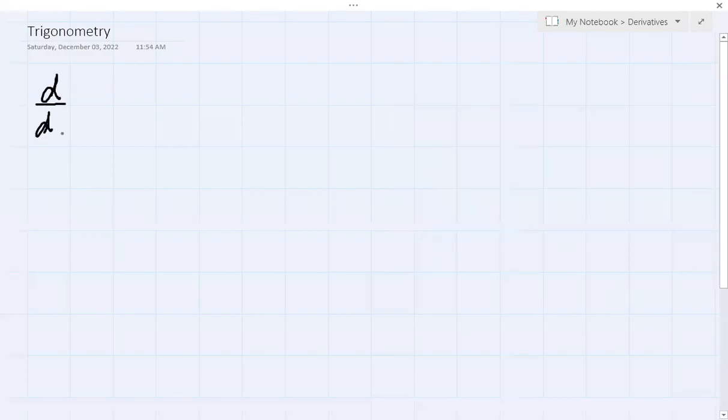Second problem natin ay kunin natin yung derivative ng sin x minus secant x times cosecant x. Ayan.